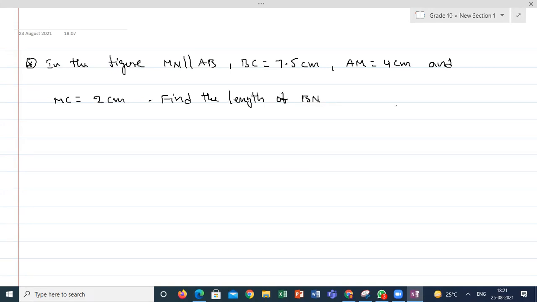This is the triangle ABC. Solve this question, students, please. How to solve this question? Please start doing this question.